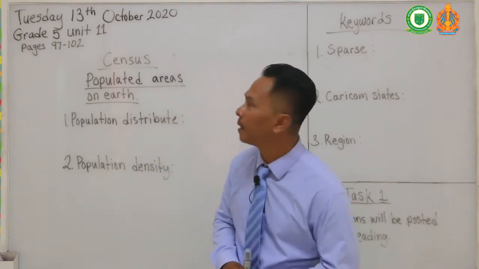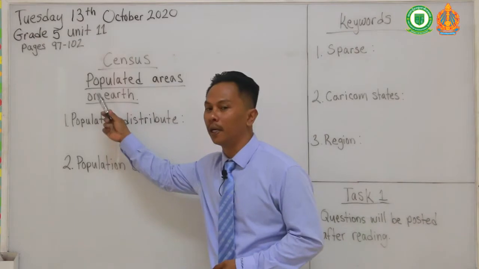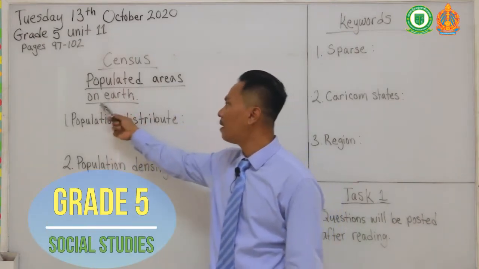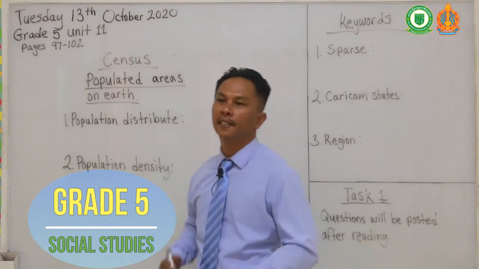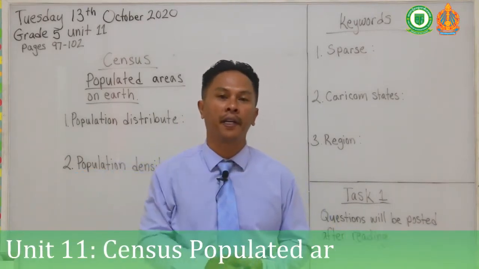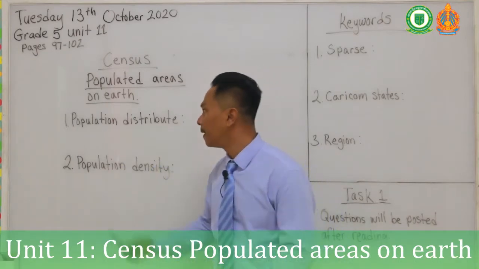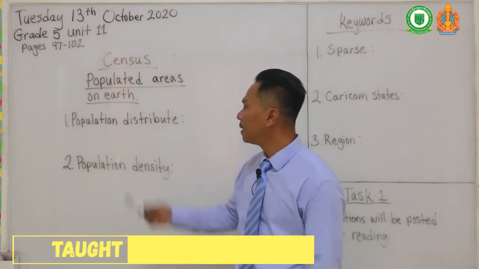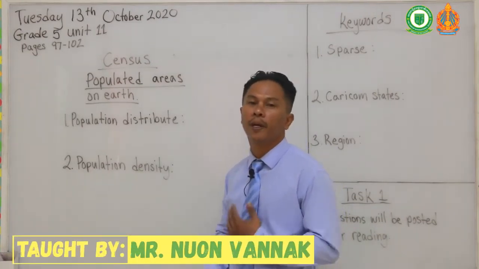Today we're going to learn about the census for populated areas on Earth. This census is going to show us how the world is populated around, okay? And we're going to be doing population distribution. Distribute means to spread around.